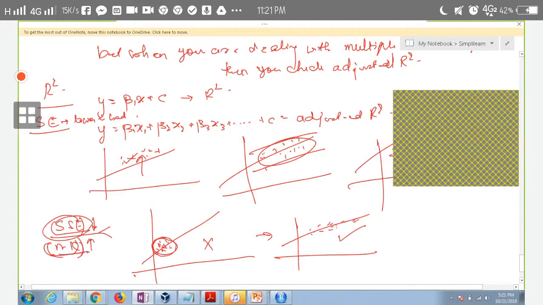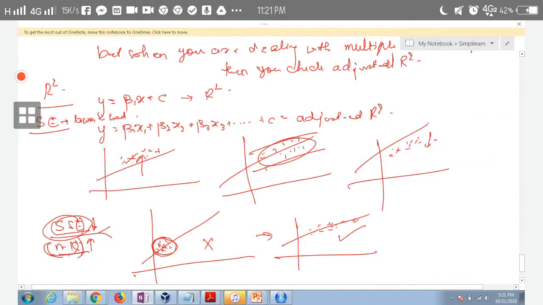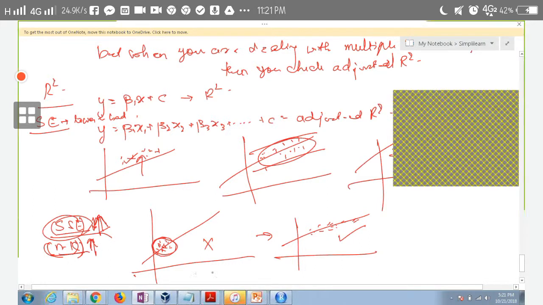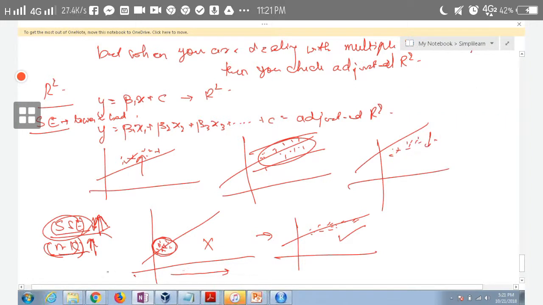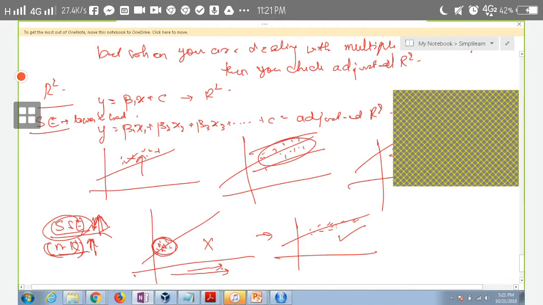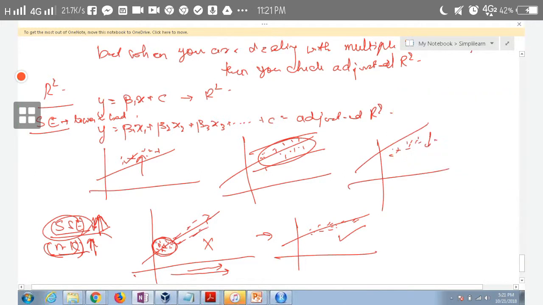Across the variables, across the observations, it is not very nicely distributed. If this is high and this is also high, it is good. Across the variables, when you are moving around, it should be equally nicely distributed rather than coagulating at one place.